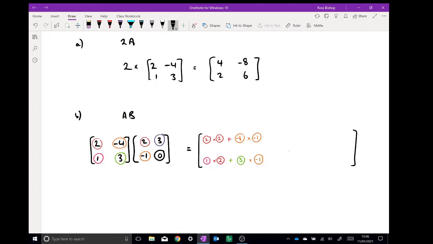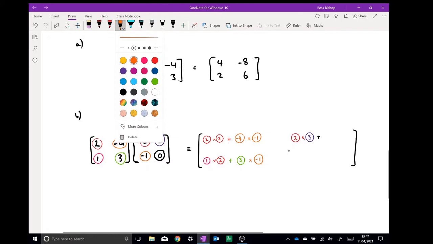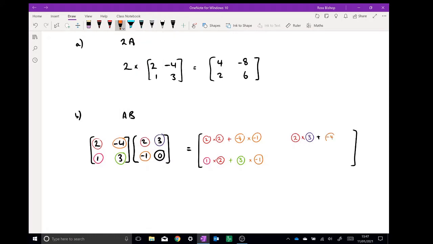Okay, so the last, top right, is top row, sorry, top row. So it's going to be 2, the red 2 in the top, times the purple 3, add the orange minus 4 times by the 0 there, the 0 in the bottom right.